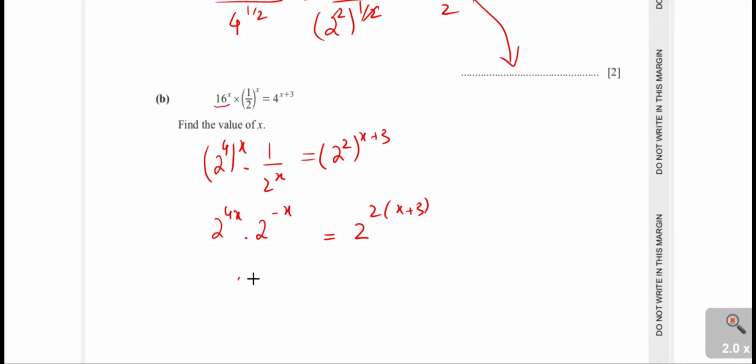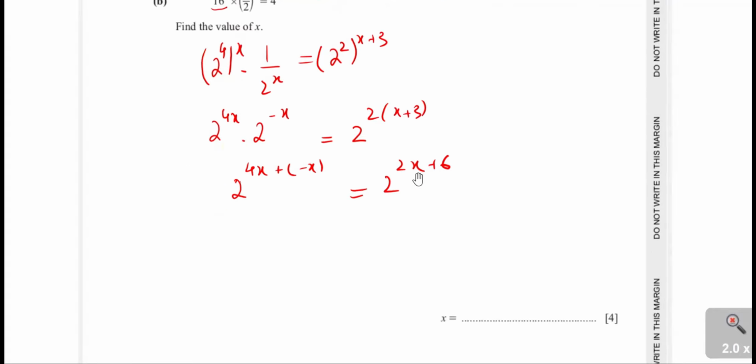Now we will add all these powers in the power of 2 because both terms have the same base. We can write 4x plus minus x equal to 2x plus 6. Both sides have the same base, therefore we can equate the powers: 4x minus x is 3x, equal to 2x plus 6.